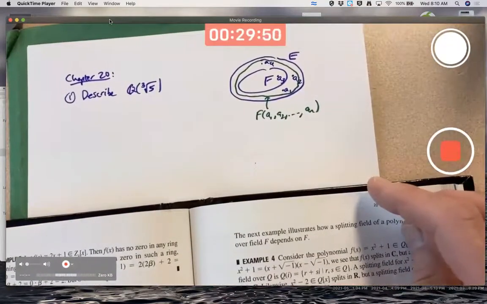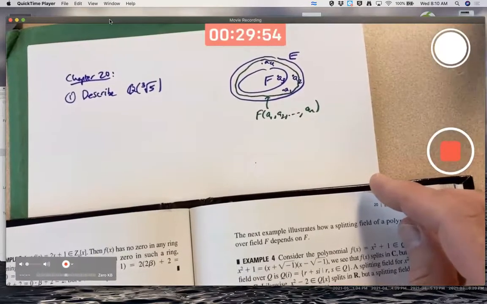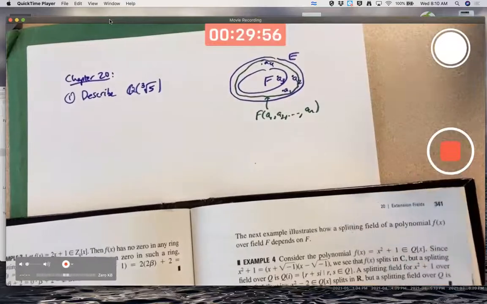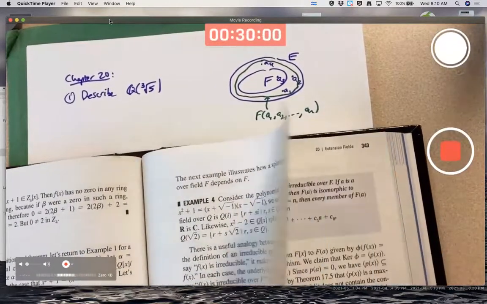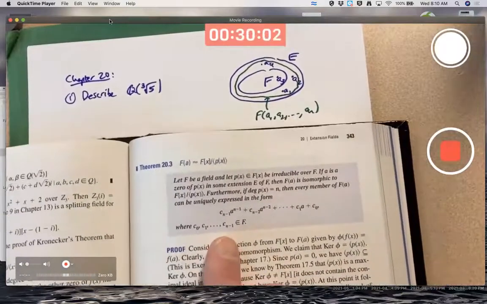How do we describe it beyond that, though? What do the directions mean here? Describe. Well, here's where we use some theorems in the chapter. Perhaps one of the more useful ones is theorem 20.3.